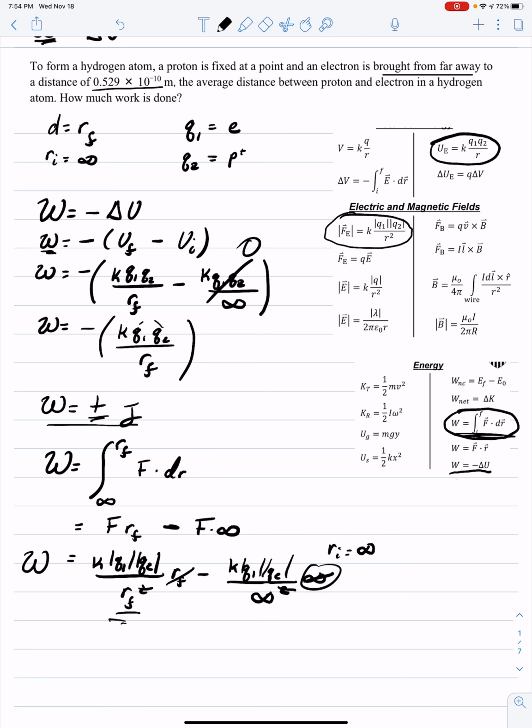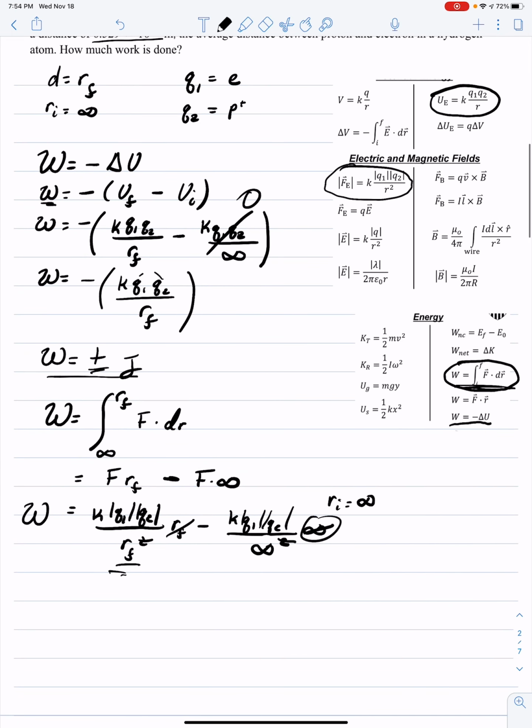So work, once you do this, notice that work is positive because these two, charge 1 and charge 2, are absolute values, so it turns positive. And then all you have left is Q1, Q2 over our final.